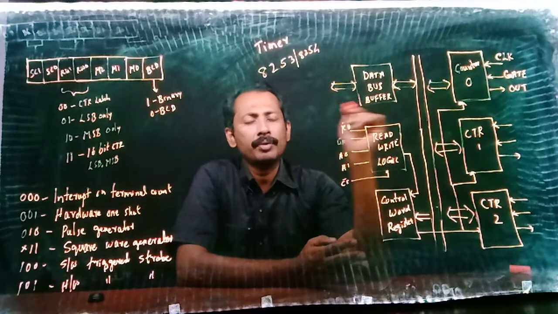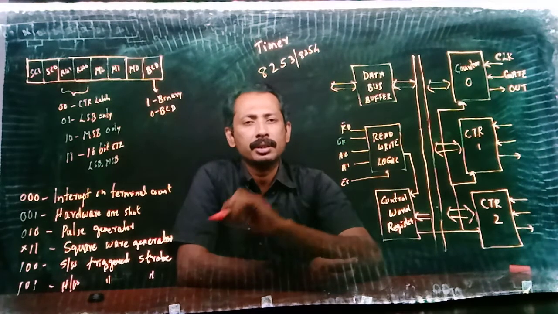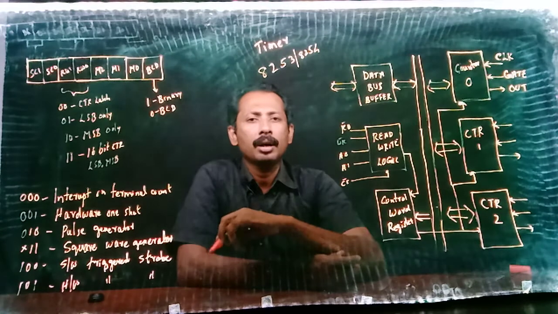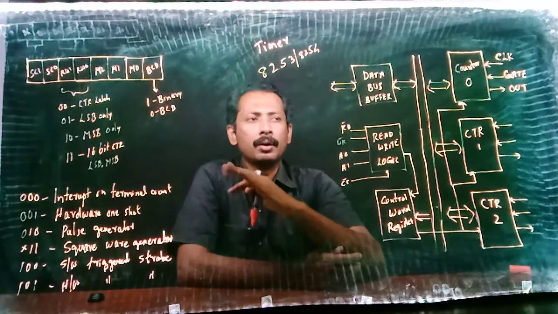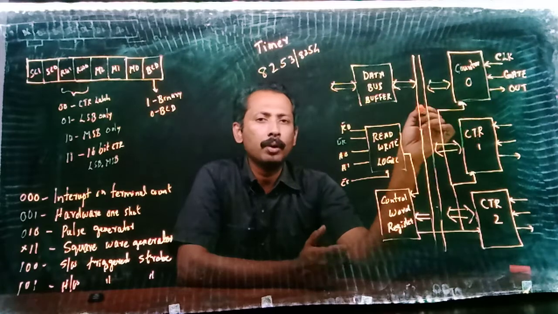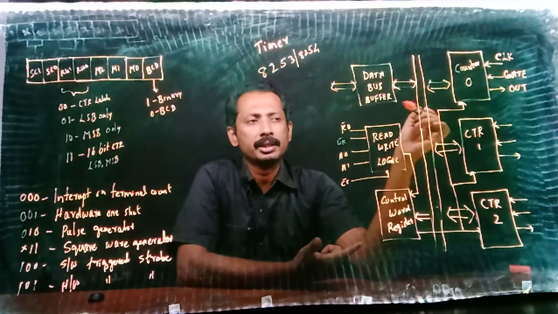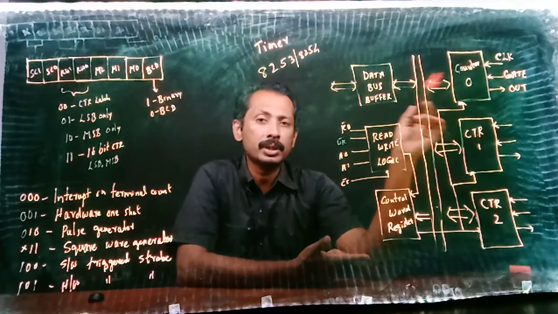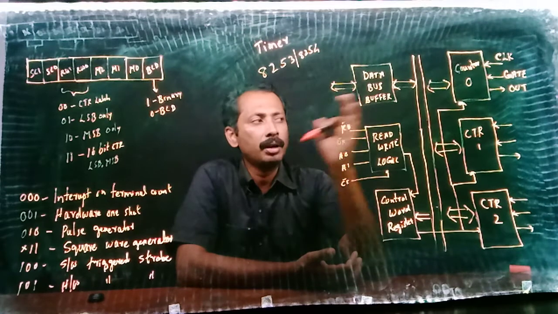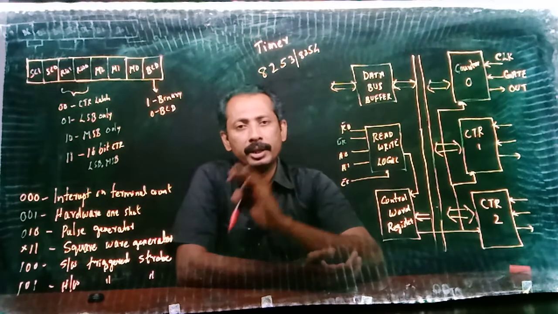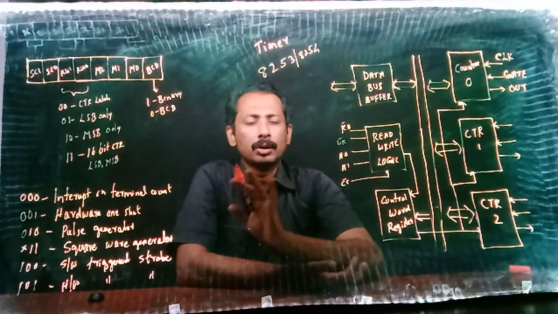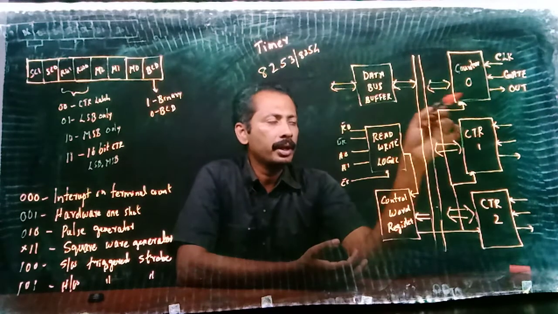The state of the out pin changes depending on the zero condition of the count. So when the count reaches 0, the state of the out pin changes, and this can be used as an interrupt to the microprocessor, indicating that the count has reached 0.